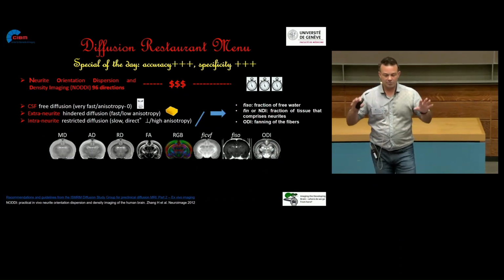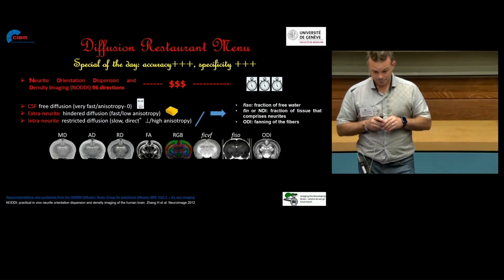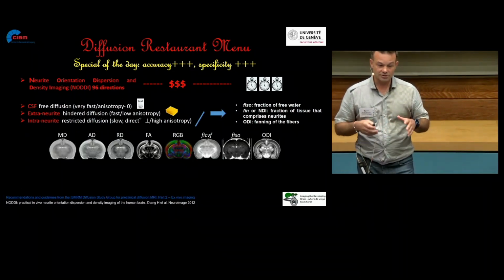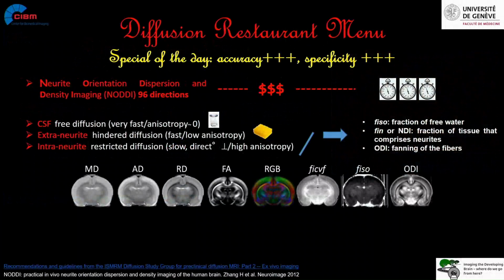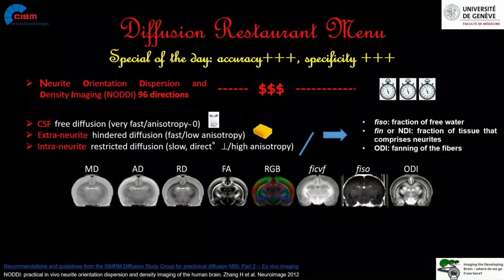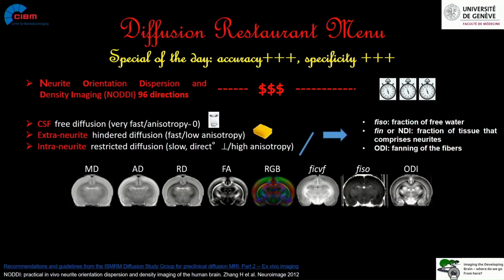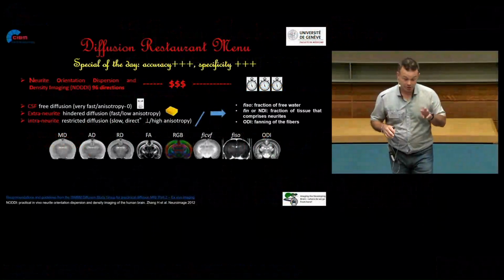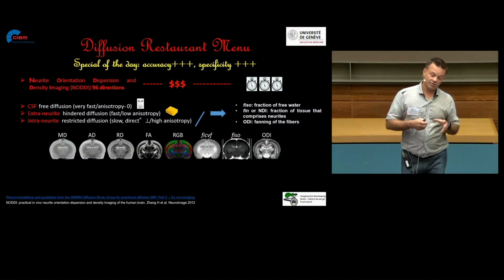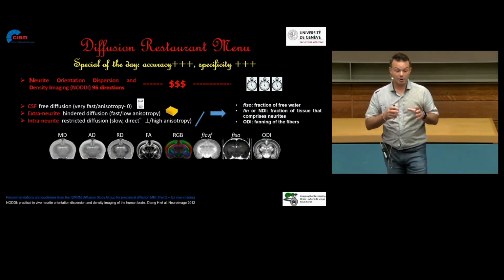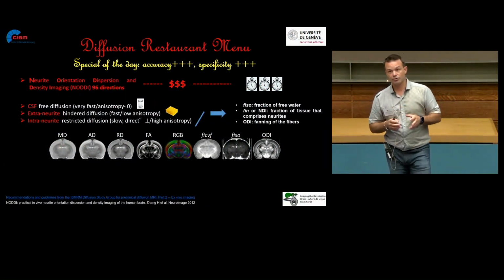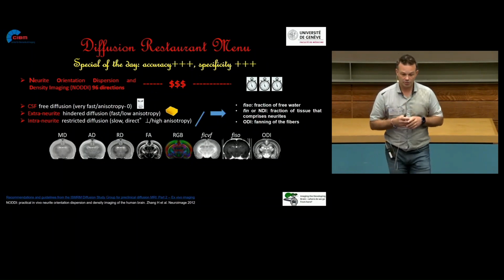The idea of these multi-compartment models is to separate the signal from the different compartments in the voxel. Most of the time, and it's the case for NODI, you have 3 different compartments. One which is the CSF, characterized by a free diffusion, so very fast diffusivity and anisotropy close to 0.